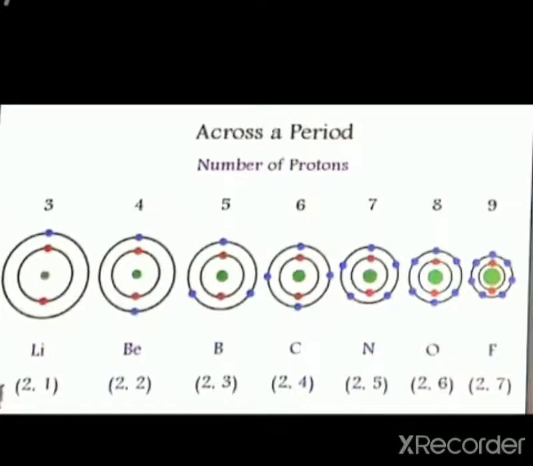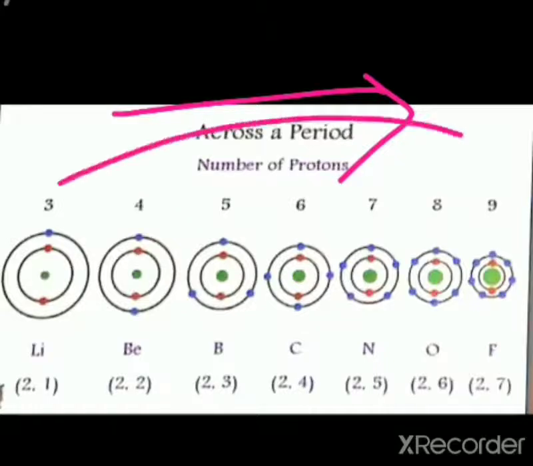Here you can see, this is your second period. Here you can see how the atomic size decreases from left to right. So if the atomic size decreases, your metallic character will increase or decrease?